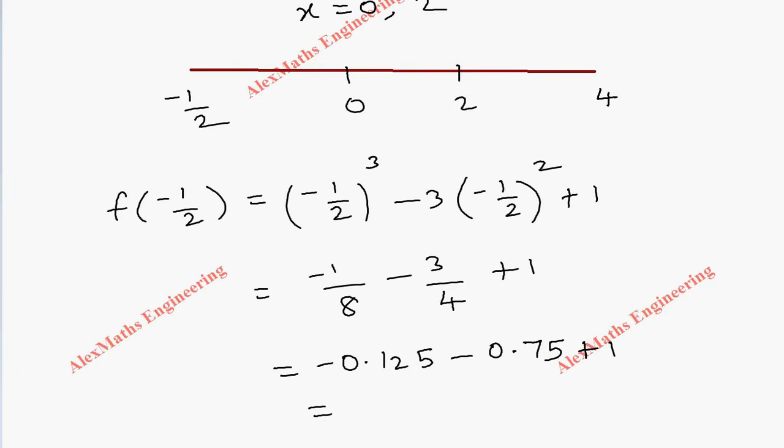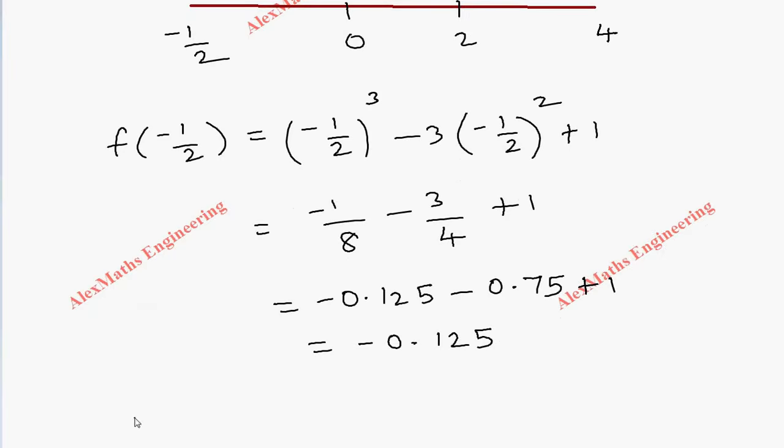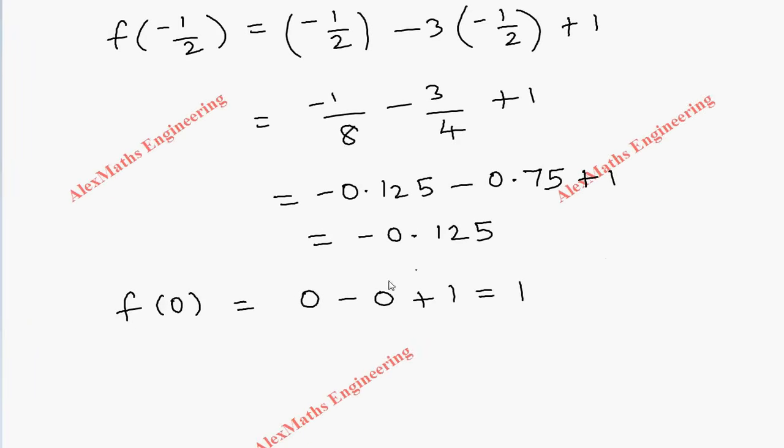Finally, we have minus 0.125. In second value, f of 0. So first term is 0, second term is also 0, and third term is 1. So we get 1. And third value, we have to find f of 2.